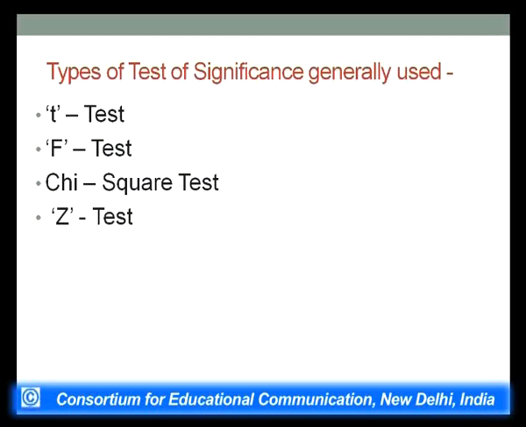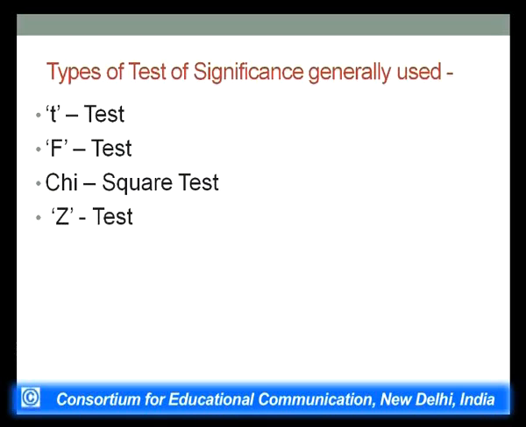One is called T test. In T test there are 2 main types, like Student's T test and Fisher's T test. Then the second test is F test, which is known as analysis of variance. F is always written in capital and t is always written in small. Never commit that mistake.